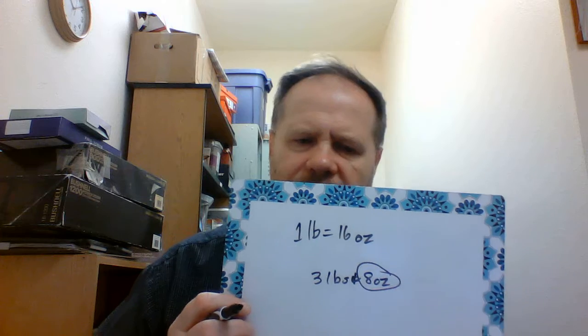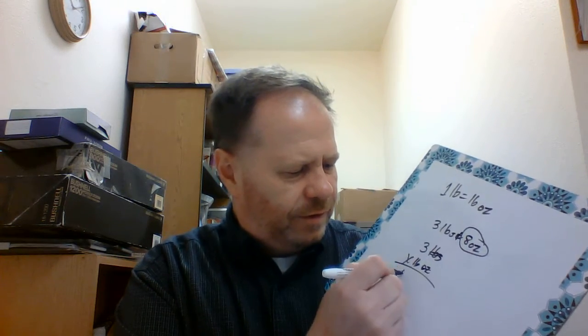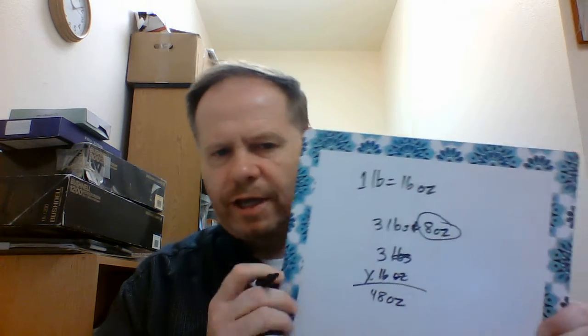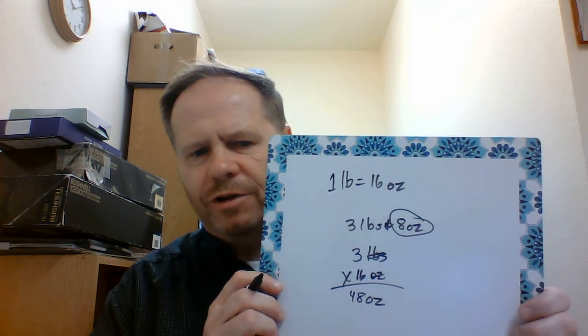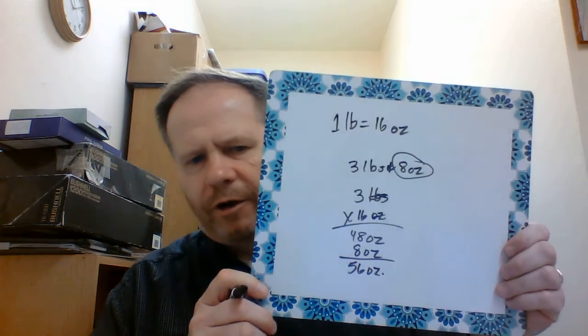Since each pound equals 16 ounces, we can take our 3 pounds and multiply by 16. And you're going to get a total of, anybody know offhand? 48 ounces altogether. But you've got to add it to that original 8 ounces. So the 8 ounces plus that is going to equal 56 ounces. All right, so there's where you have your answer.